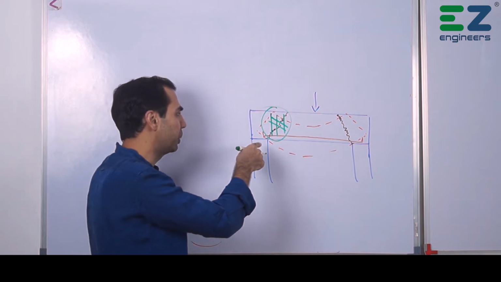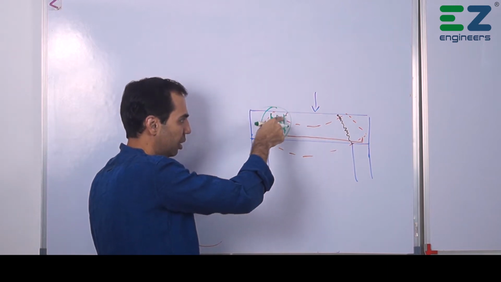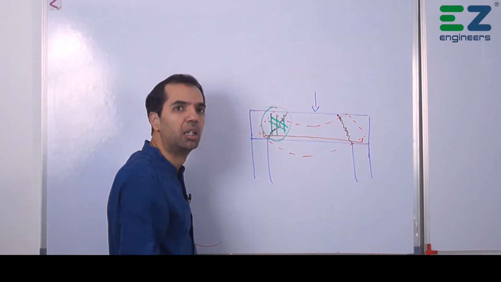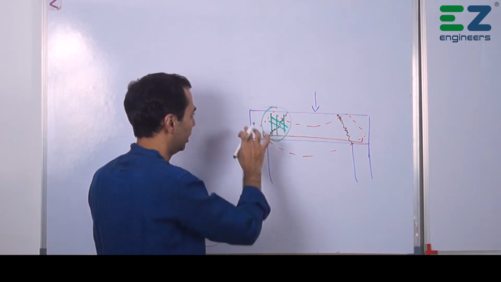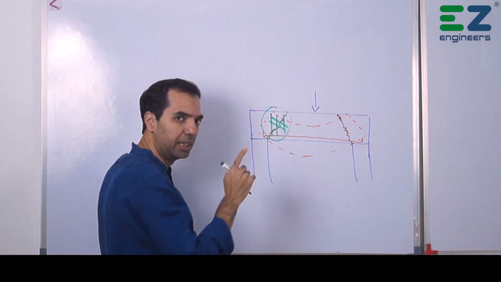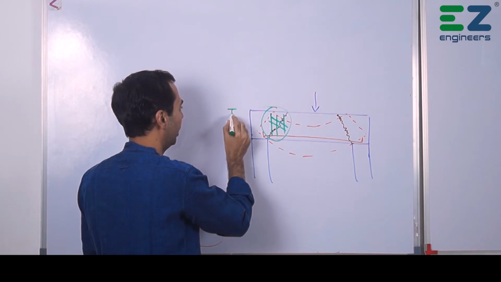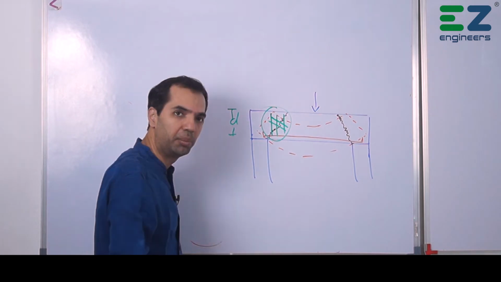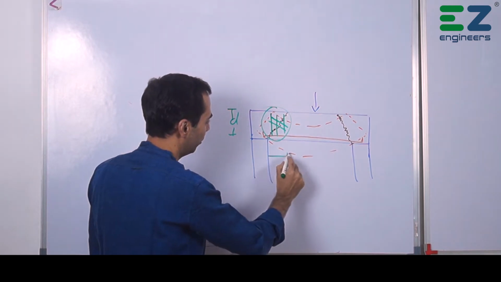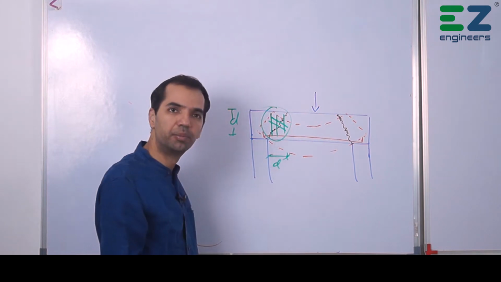What will be the number of stirrups which are cutting this crack? Say this angle is 45 degree. This is the effective depth, so this will also be the effective depth.